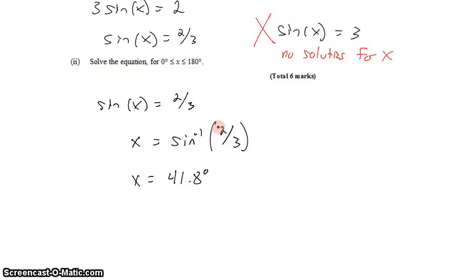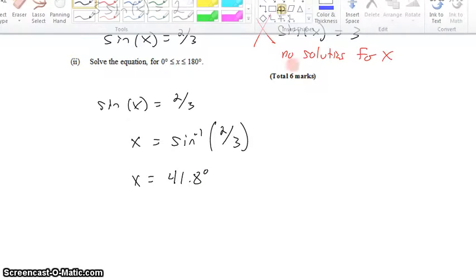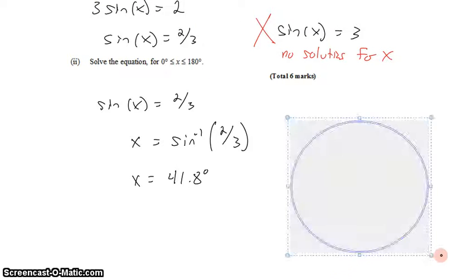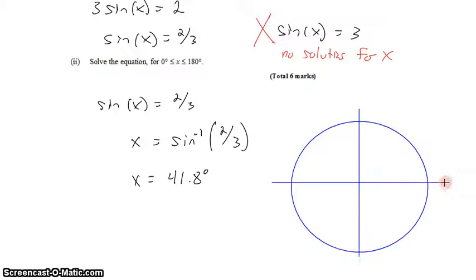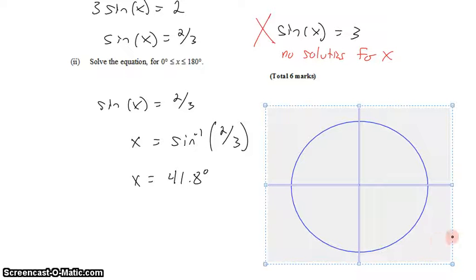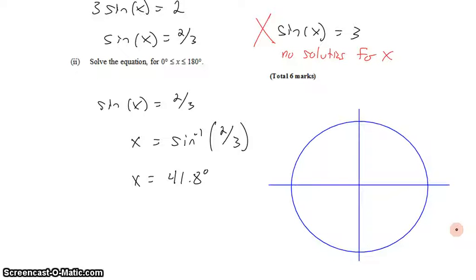Anytime you're working with trigonometric functions and solving trigonometric functions, you need to stop and think, are there going to be multiple solutions? Because there often are. So let's see if there's going to be multiple solutions. We'll draw in the unit circle. Because remember, your calculator doesn't warn you about these multiple solutions. It just gives you the first one that it finds and says, yep, good enough.